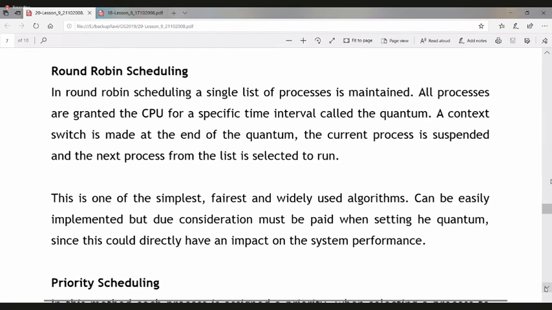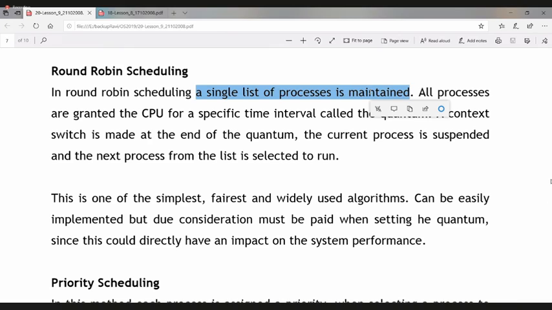This is again a very easy concept. We consider it as a round or circle. Right? Round robin scheduling uses a single list of processes, like a single queue. All processes are granted the CPU for a specific time interval called the quantum.